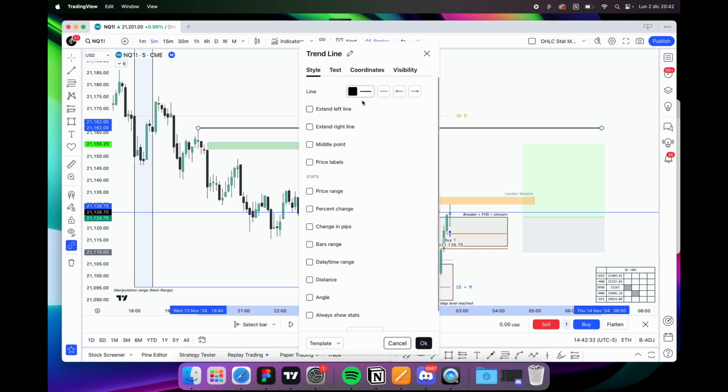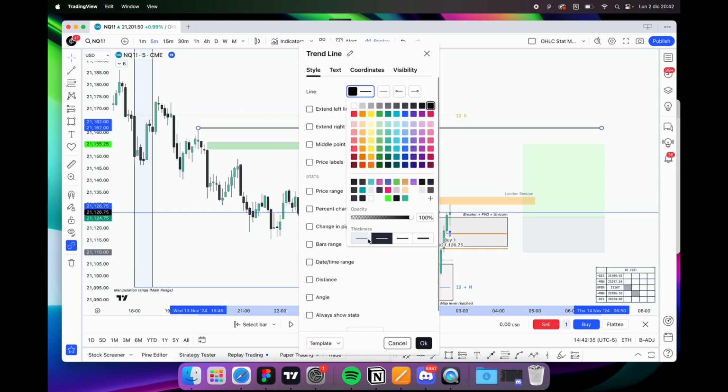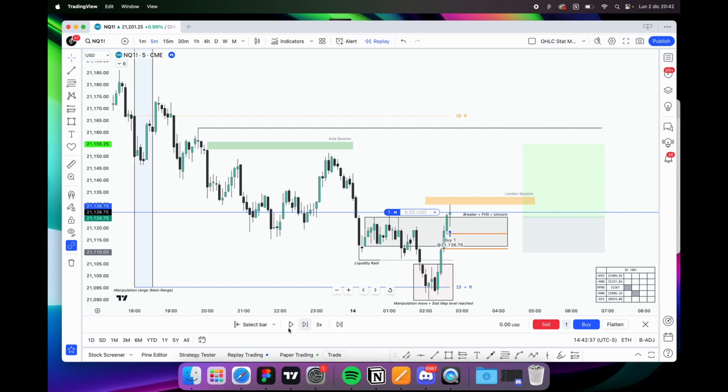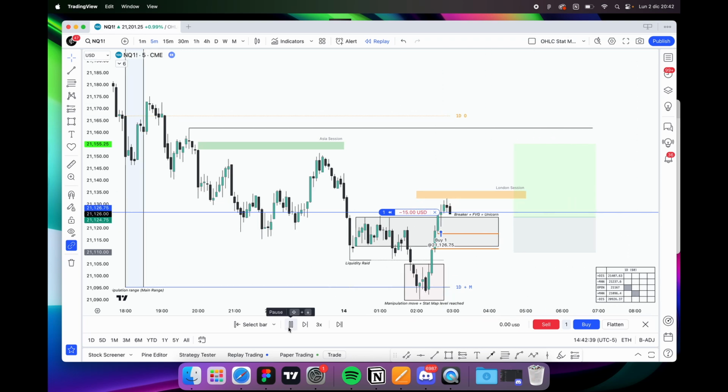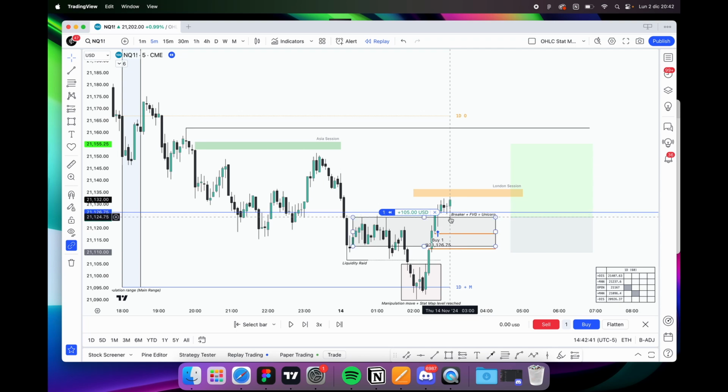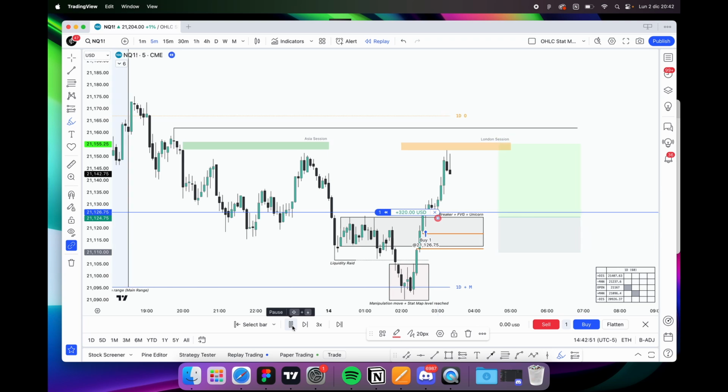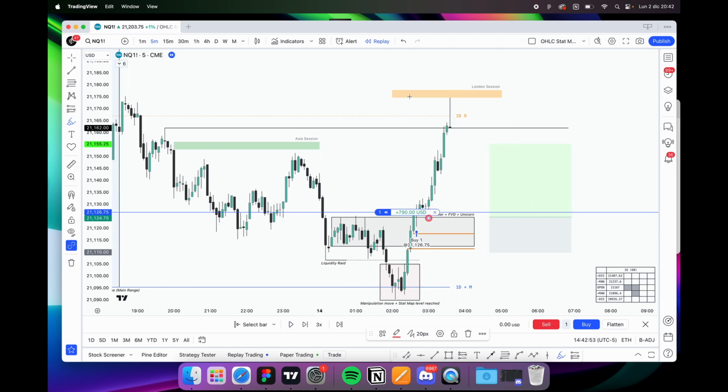And then we want to see what price does. So in that case, it gave an entry here on the top of the breaker, and we got a reaction out of it, and we reached our draw.